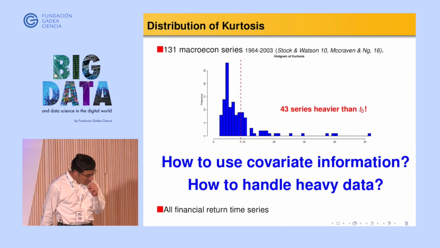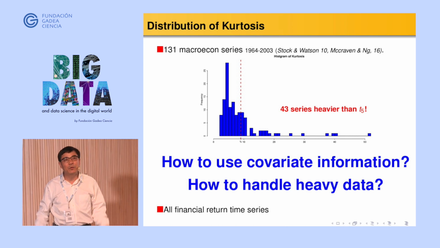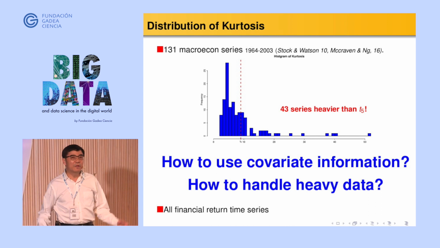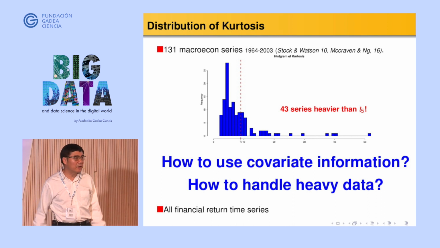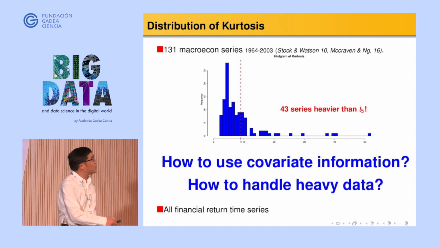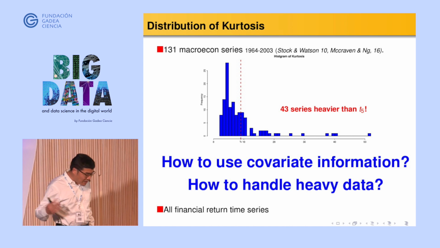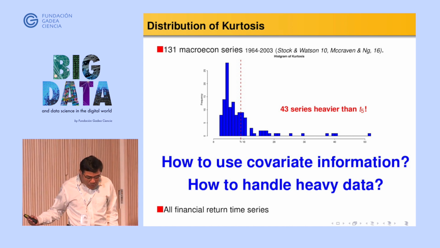Now let's look at the kurtosis of those 131 macroeconomic time series. For each individual series, I could calculate the kurtosis, and this is the distribution of the kurtosis I have. Among those, just like Sylvia said this morning, Gaussian no longer applies.